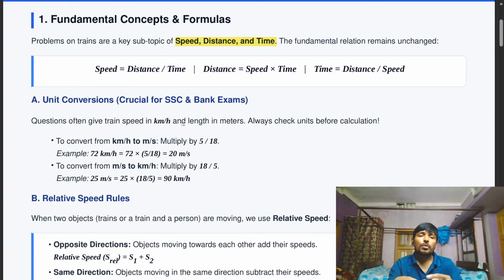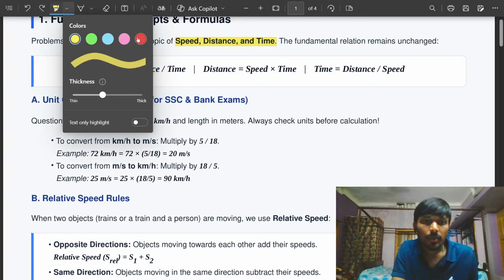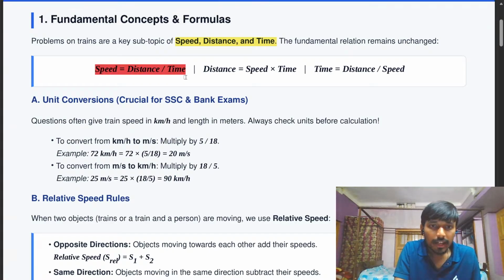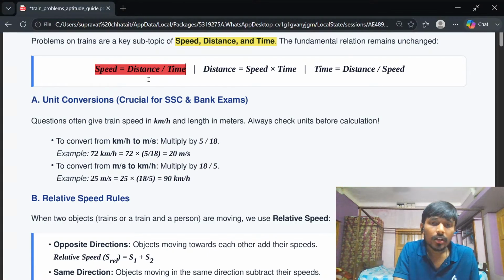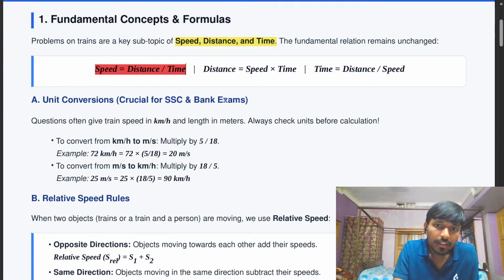Here is the formula. Speed equals distance by time. This is one formula. Distance equals speed into time.